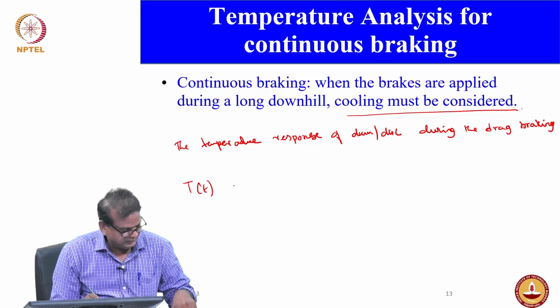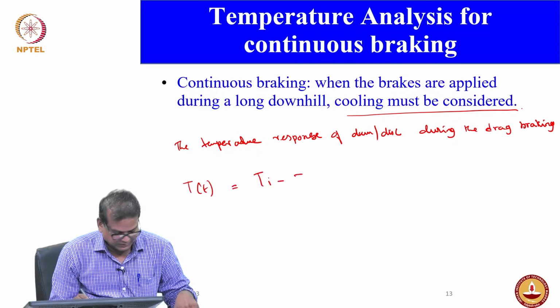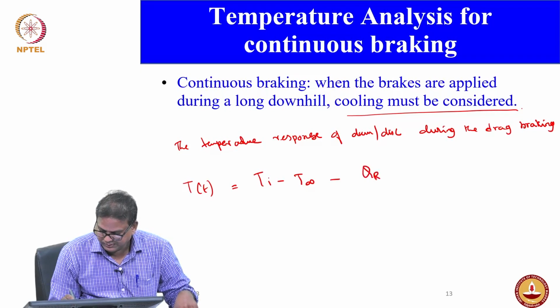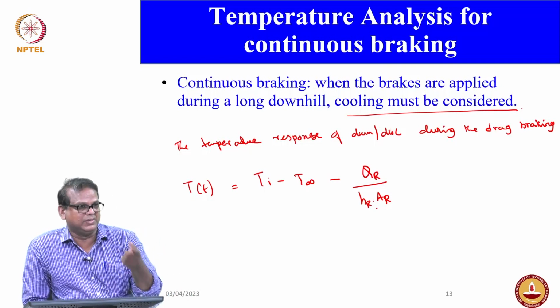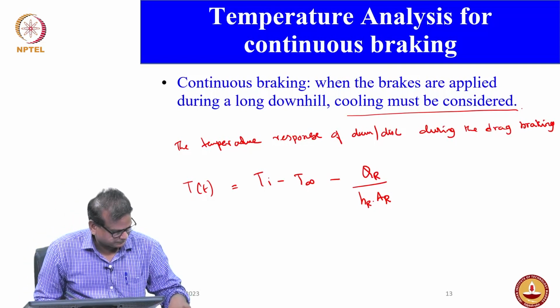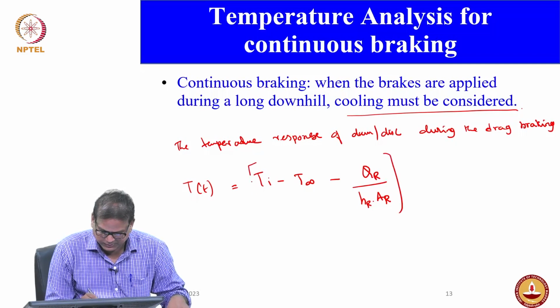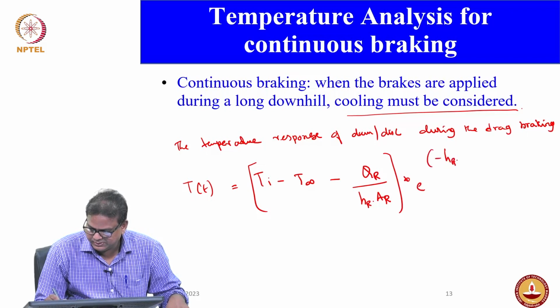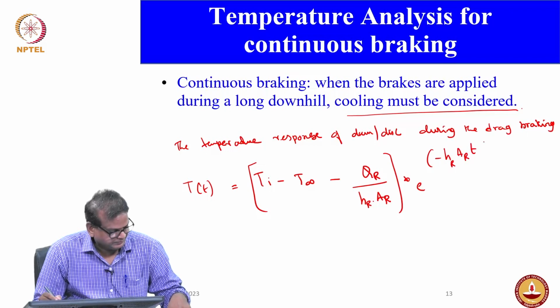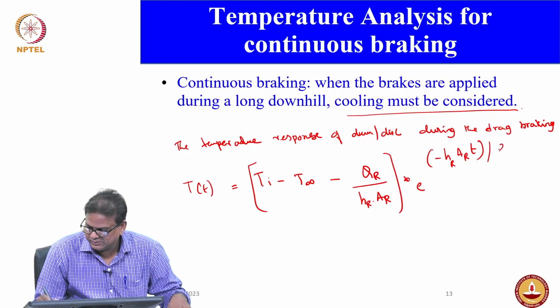Okay, T of T, small t, Ti, T infinite, QR is the heat absorption, by HR AR. Remember, you have cooling also, so there is convective heat transfer, into e power minus HR AR T over rho R CR VR.